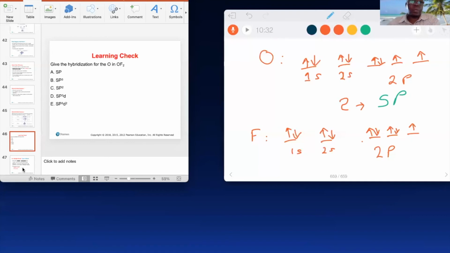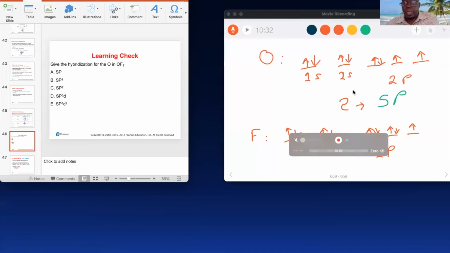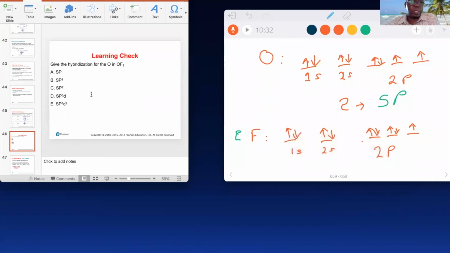Because of the 2s valence shell, we are using the 2p from the lone pairs from each fluorine, because we have 2 of them. They will form a bond with the lone pairs here. They will pair up to form the chemical bonding.